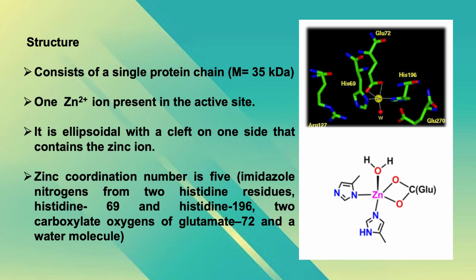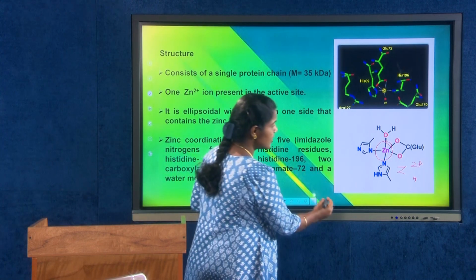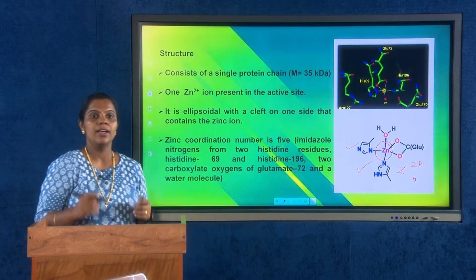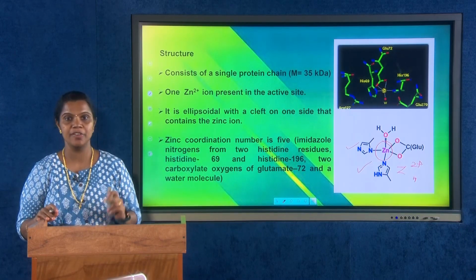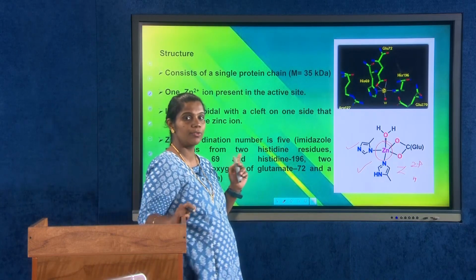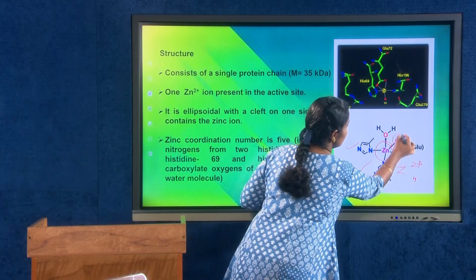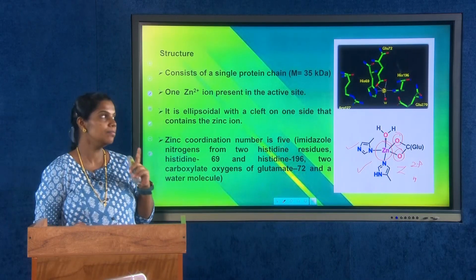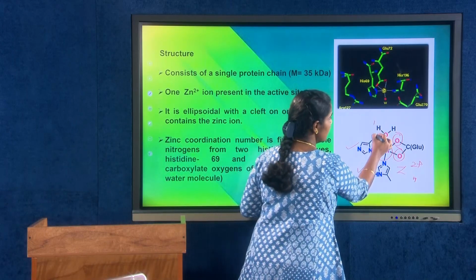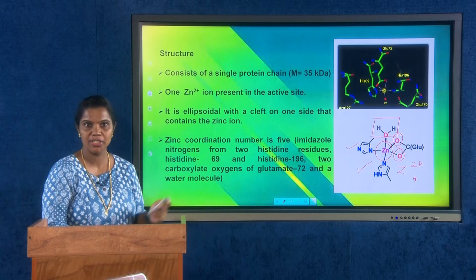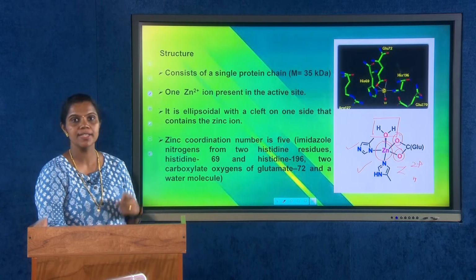Zinc coordination number is 5 with imidazole nitrogens from 2 histidine residues, histidine 69 and histidine 196, and 2 carboxylate oxygens of glutamate, and a water molecule. Here you can see the water molecule. So, this is the structure of the carboxypeptidase enzyme.